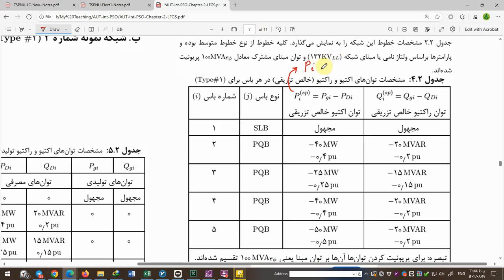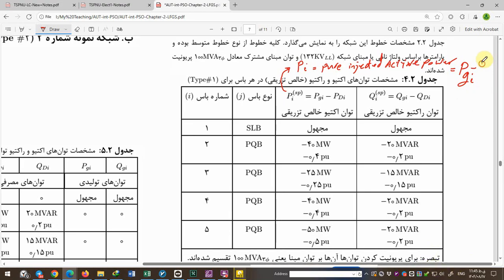Pi is the pure injected active power, that is P generation in bus i minus P demand of i.